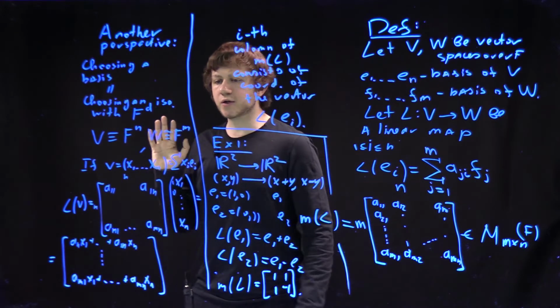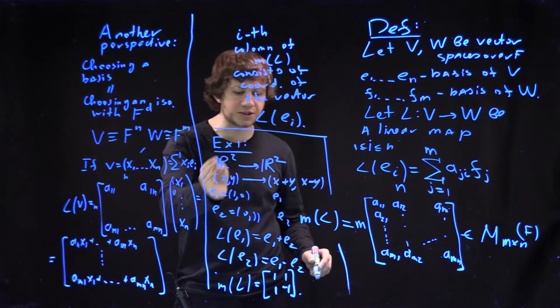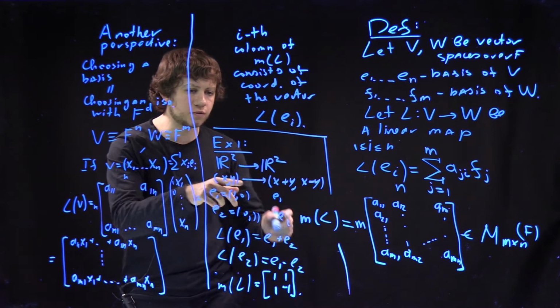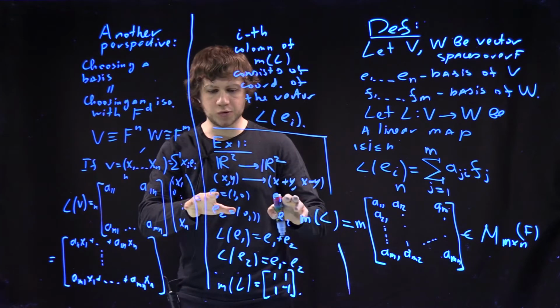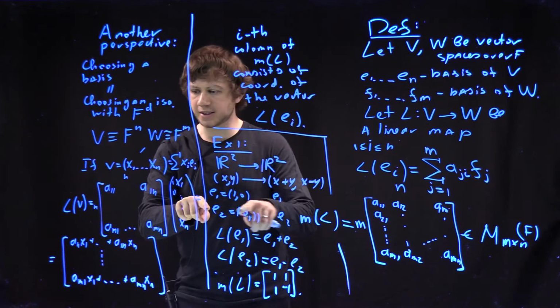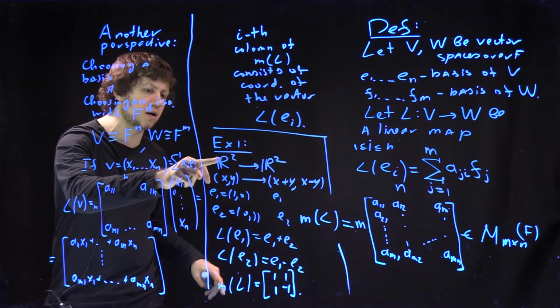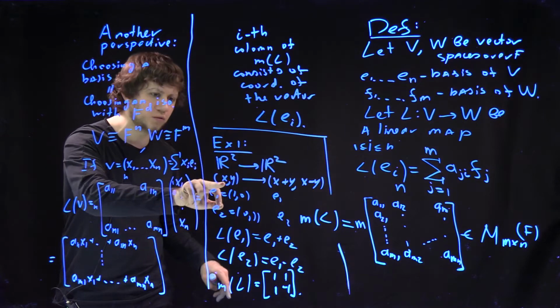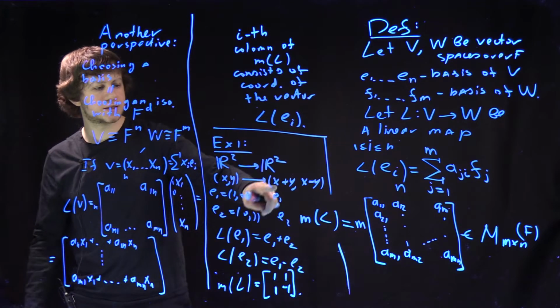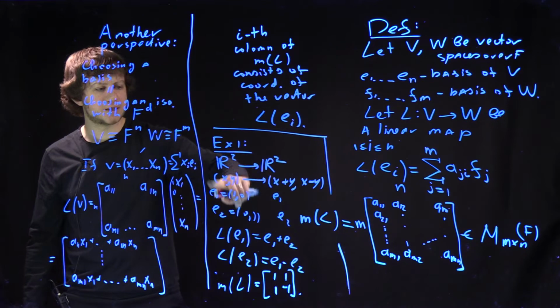In this example, indeed, if you think about what we did, we picked a basis making an isomorphism from this vector space to R2, that is, the (1, 0), (0, 1) basis everywhere.